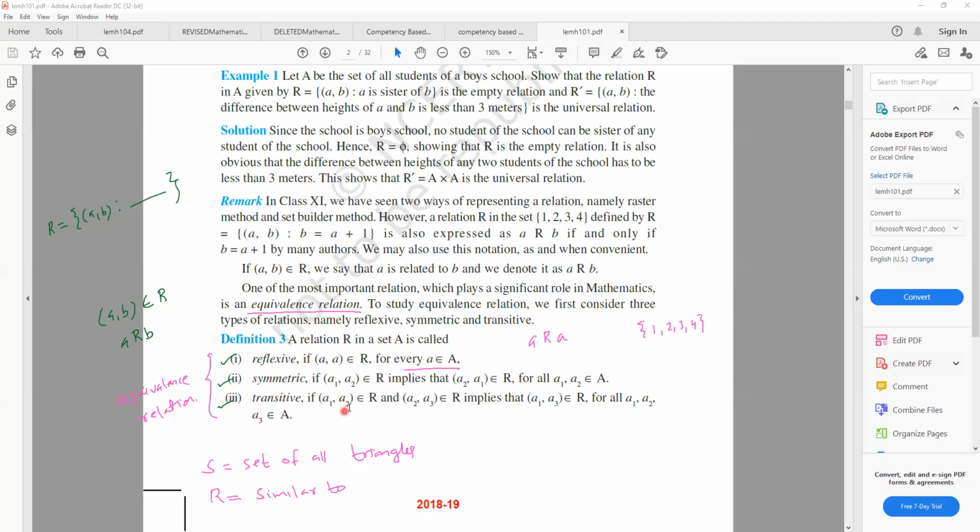Then the meaning of symmetric is that if the ordered pair (A1, A2) belongs to R, that means A1 is related to A2.